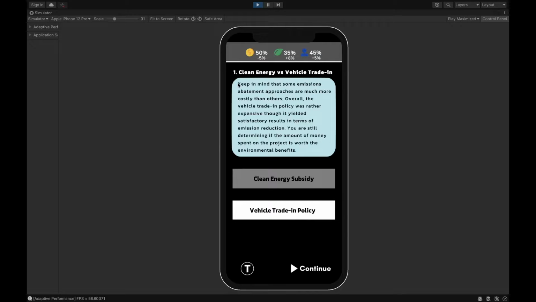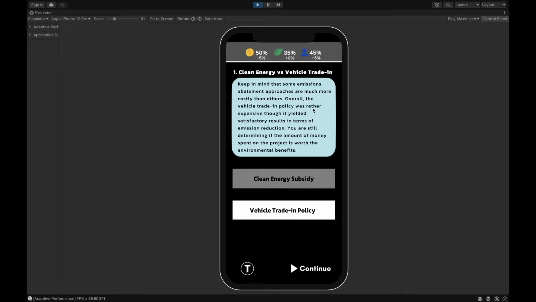And you'll notice that once you make the decision, you can't actually go back, but the text box changes to note that your decision did something beyond just what the score is showing up here. So it's saying, keep in mind that some emissions abatement approaches are more costly than others.